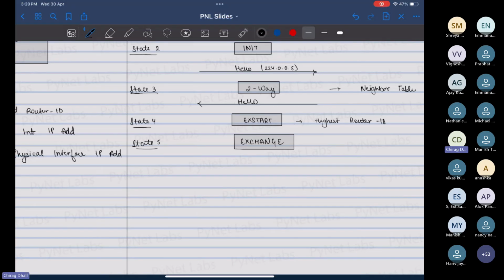This is where the routing details are exchanged between the devices.